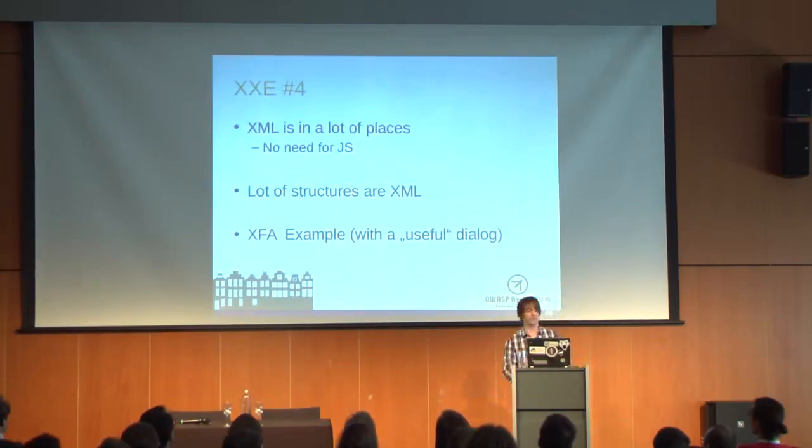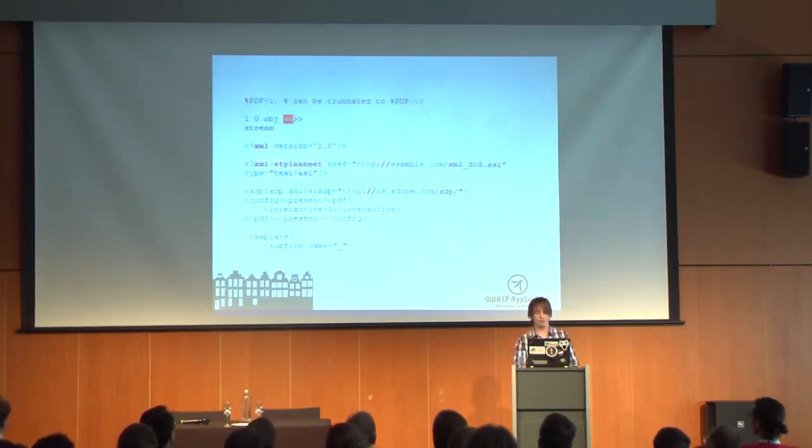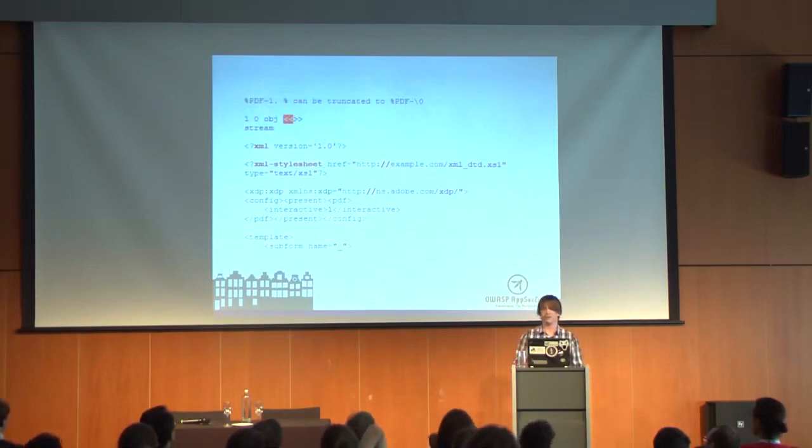But there is another one, because you don't even need to use JavaScript, because the XFA is XML already. So it has to be parsed, and of course the same vuln is there too. But there is something really weird going on, because if you're trying to load a style sheet with the XML style sheet tag, suddenly PDF believes it's on a local file system and tries to find it on the desktop.